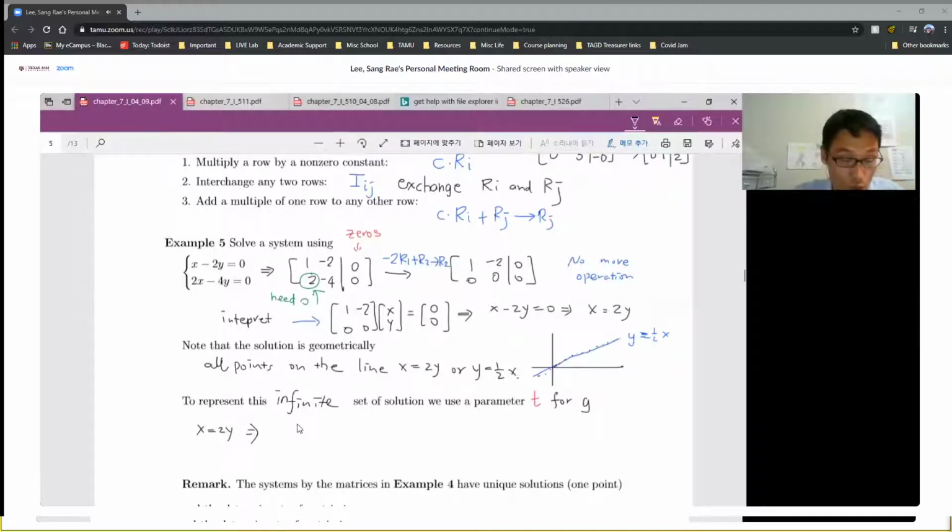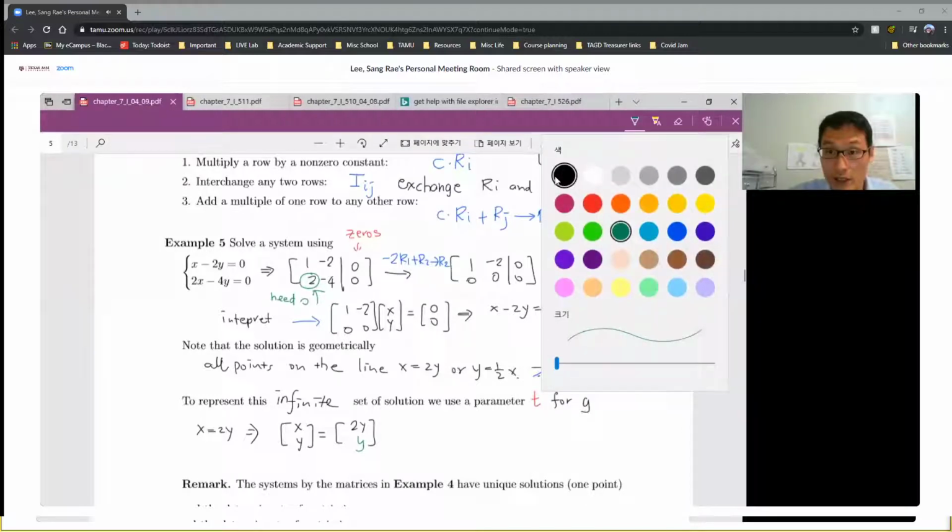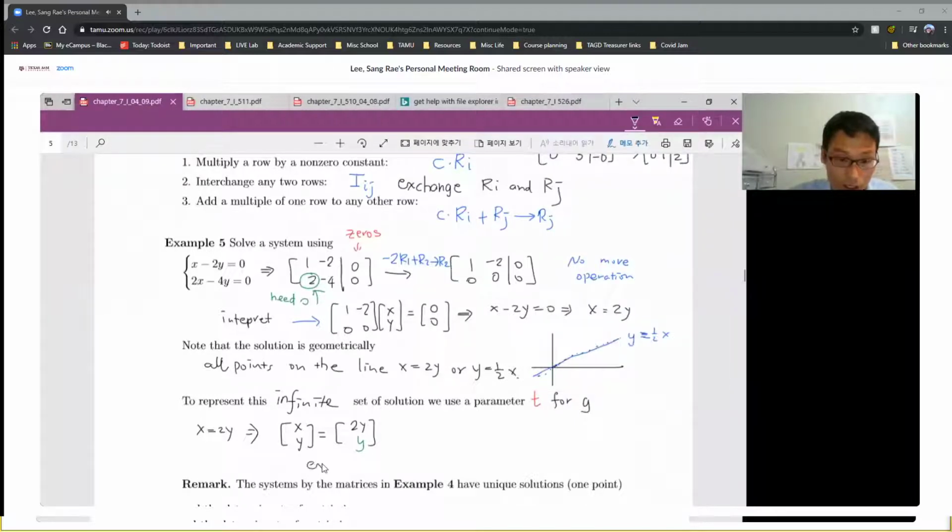What you want to do is express x and y as a column matrix like this. Well, x equals 2y, and y is y. You may think it's silly, but the point is you express everything in terms of y.